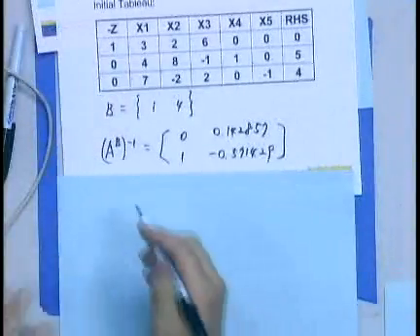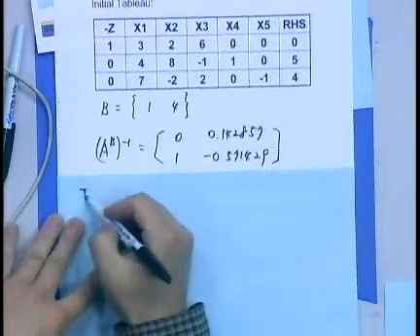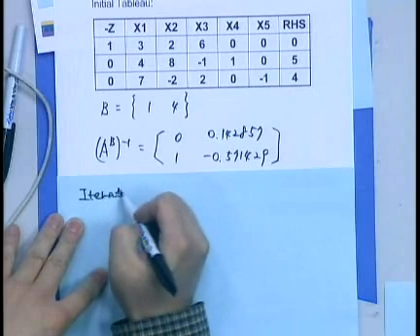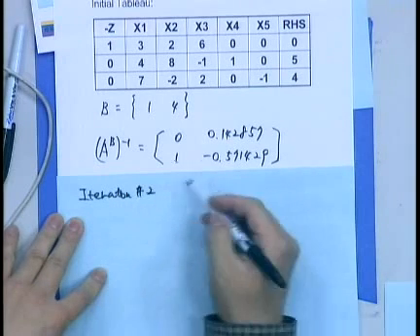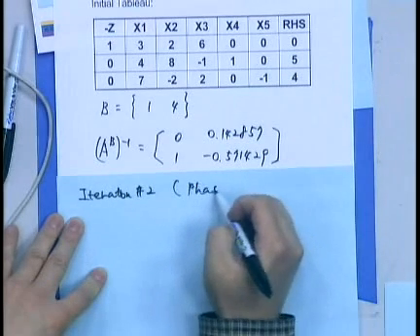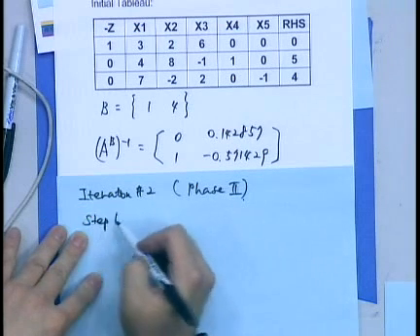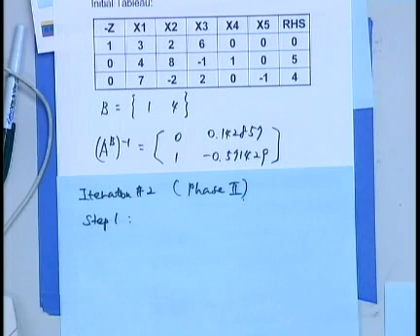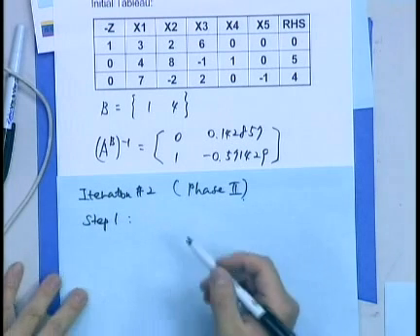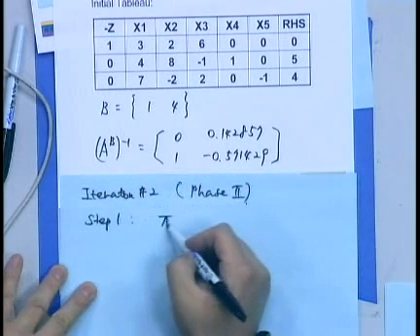So, iteration number 2 of phase 2, right? And again, the first step is to compute the simplex multiplier vector, which is pi.